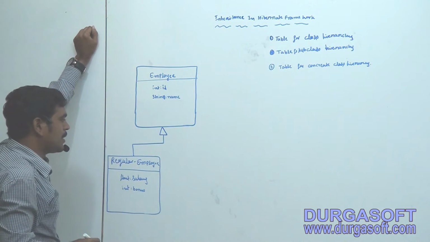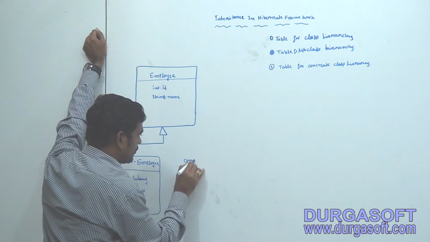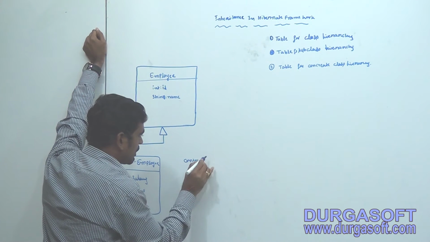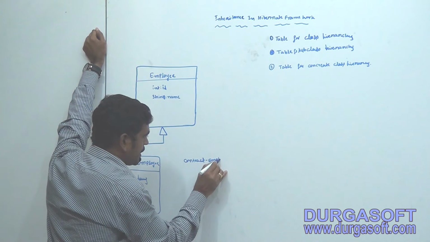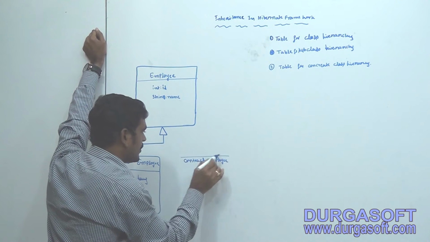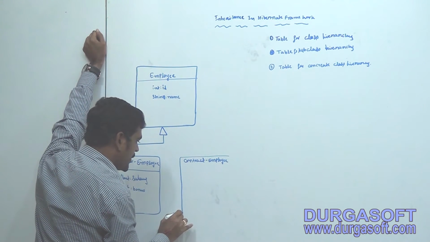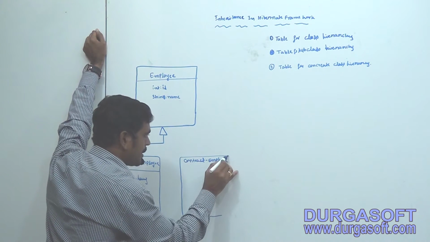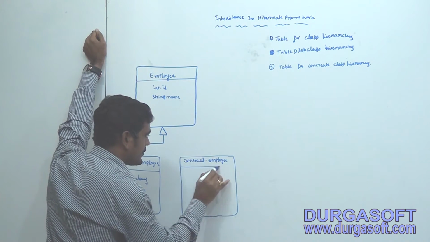In the same way, I am going to take contract employee. Why are we going for this inheritance concept? Reusability purpose only. If we define the same property multiple times, our application unnecessarily increases in size.